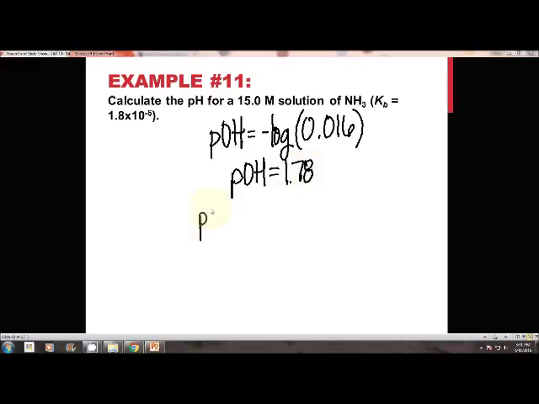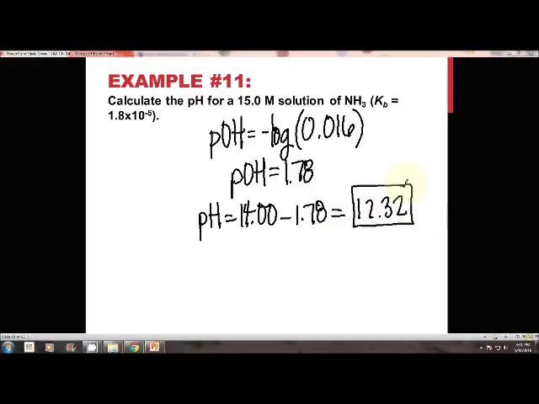Then subtract from 14 to get my pH. And my pH is 12.32, which again tells us that yes, this is a basic solution because it is greater than 7. It's actually very strong because it's greater than 9.